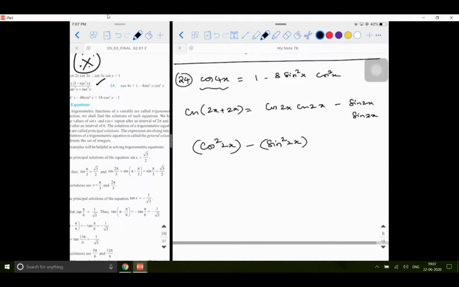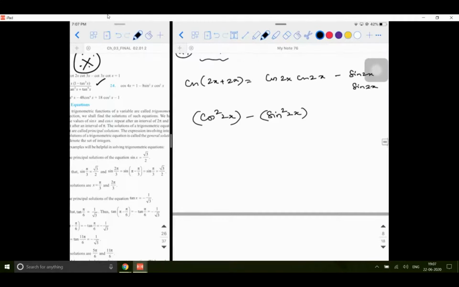See, I can solve this problem in one step, but you guys have to speak. What is the method you want me to follow? 1 minus 2 sin square x. Okay, you want me to proceed in that way? Remember this step, I'm just marking it. I'll tell you a shortcut of how you can solve it in this step.